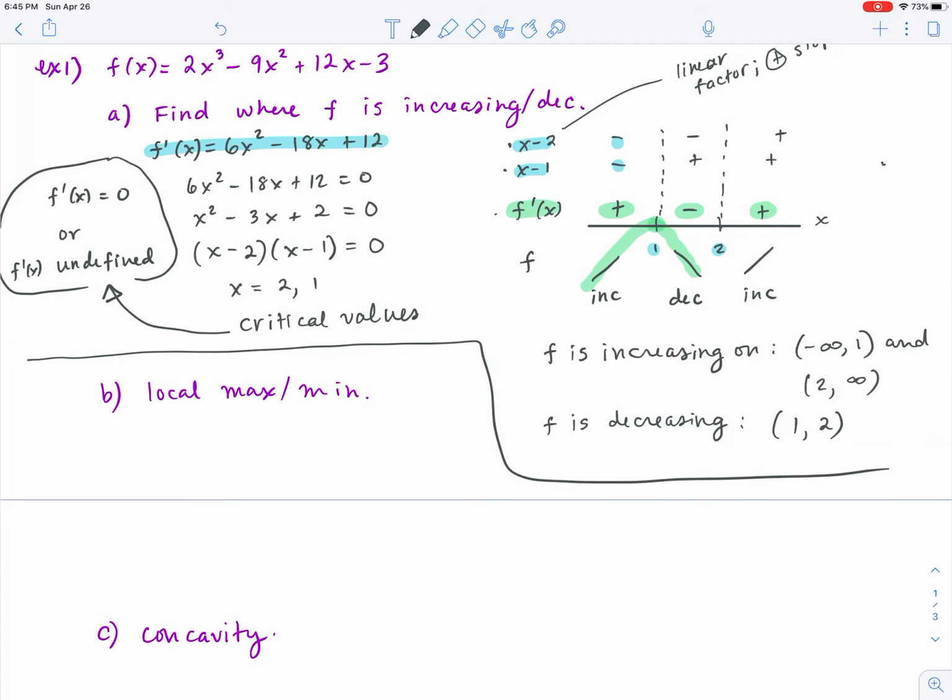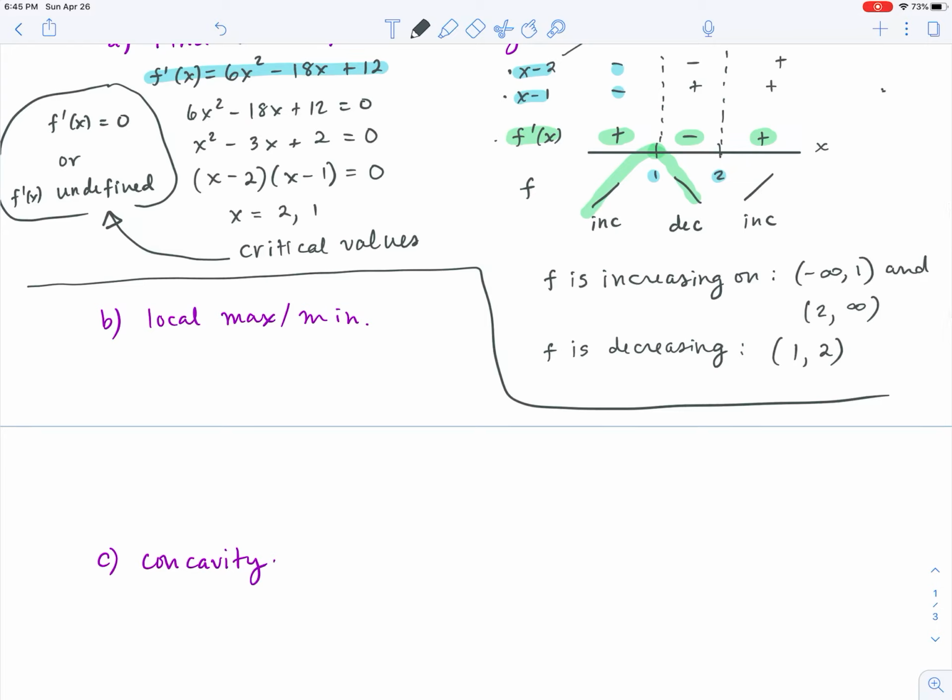Okay. So local mins and maxes, I think it's really obvious, and I don't think we need to do a second derivative to show this. Not in this case. It's not always super duper clear, but in this case, I think it is super duper clear that there is a local max at x equals 1.